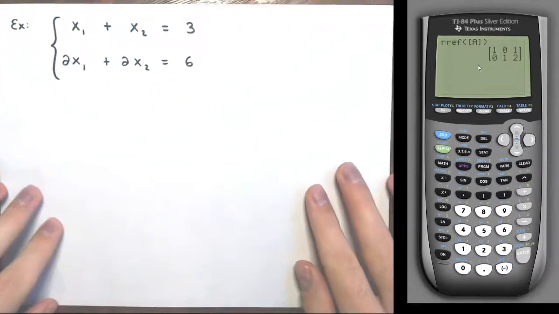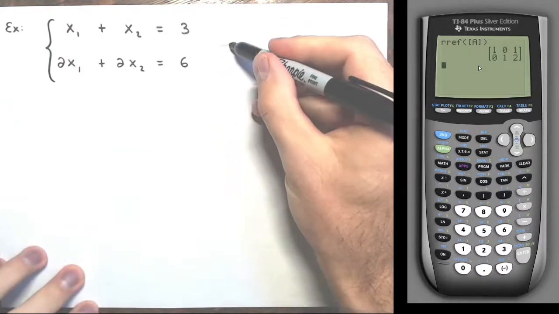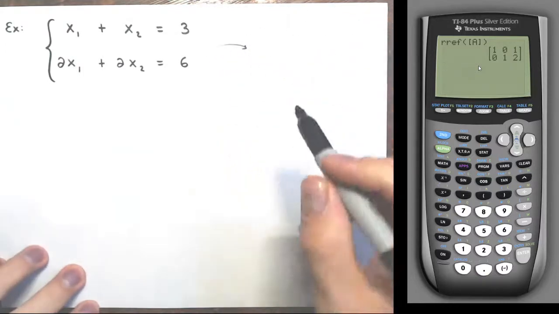So my next example is another two-equation, two-variable system. All right. And remember this, you can write these as a matrix equation.